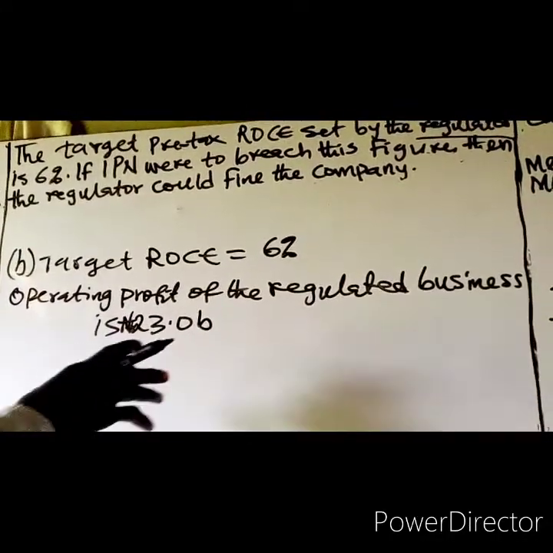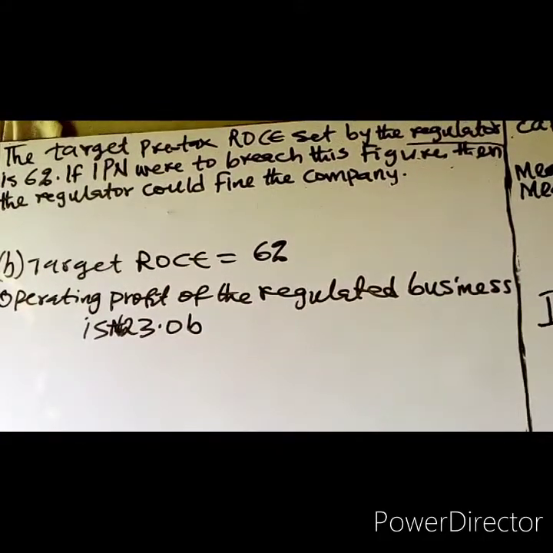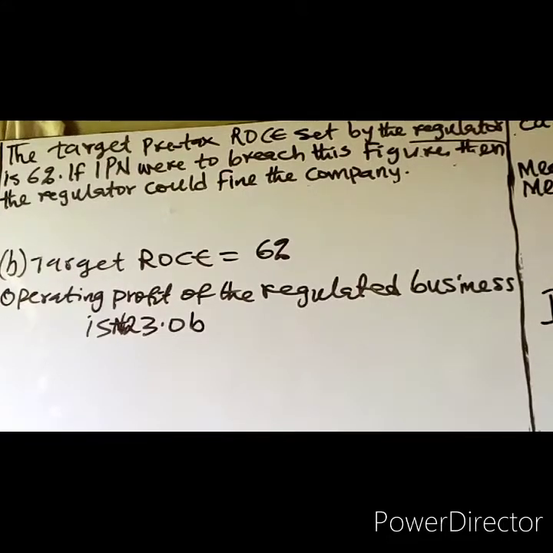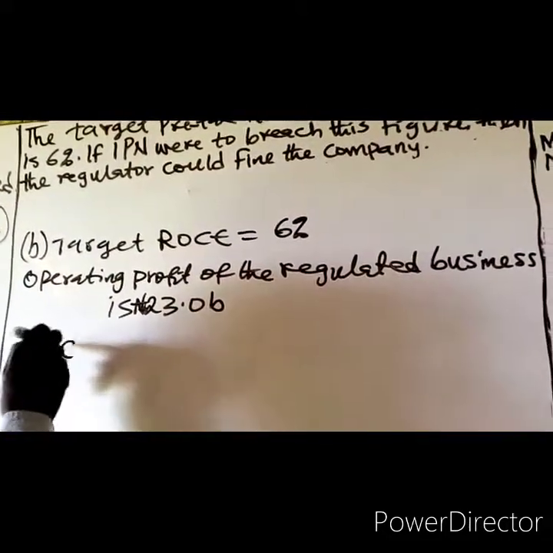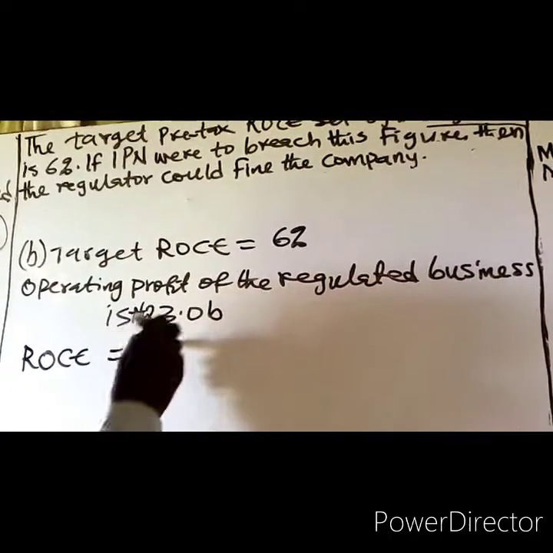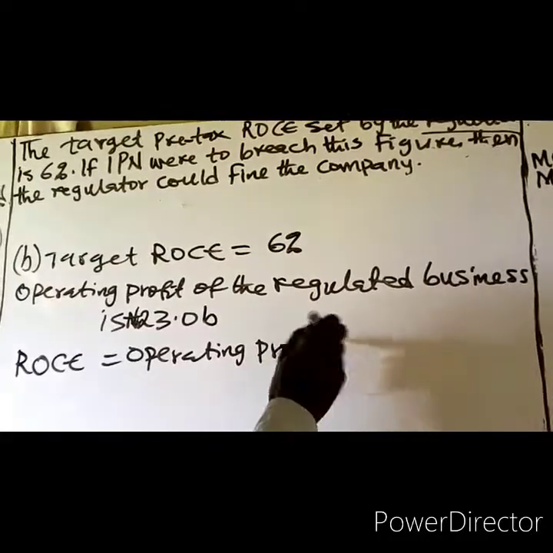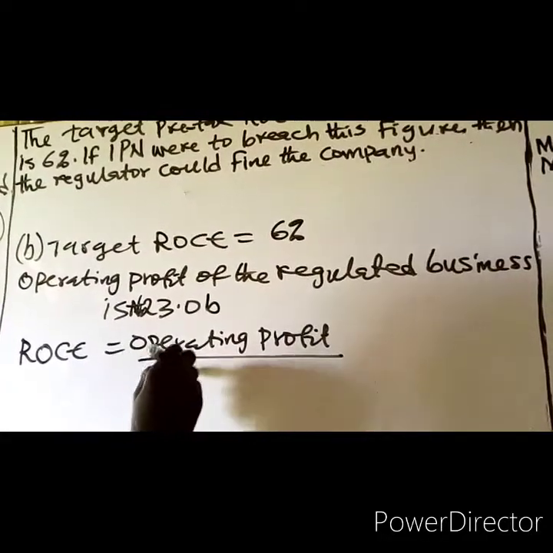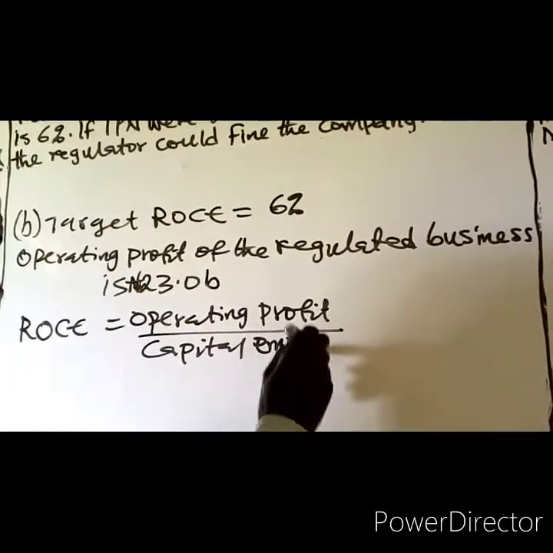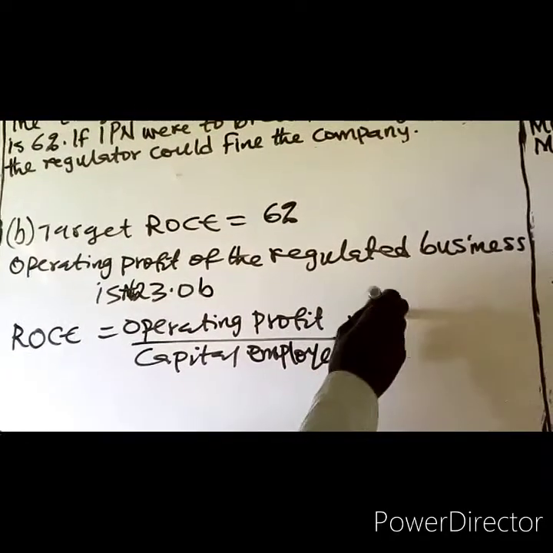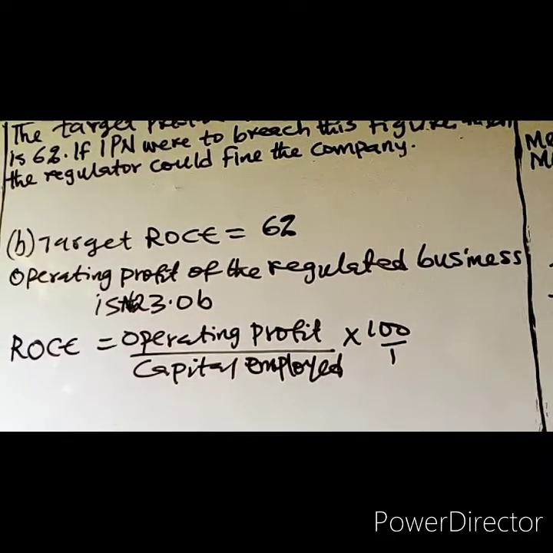So the ROCE you need to compute to compare with this must be for the regulator. ROCE is operating profit over capital employed, return on capital employed.